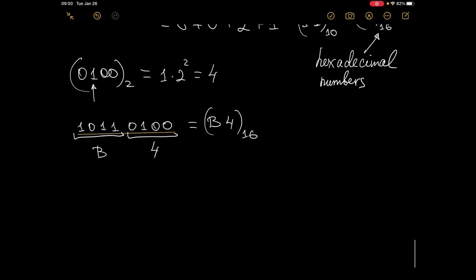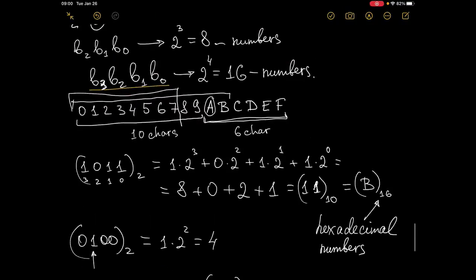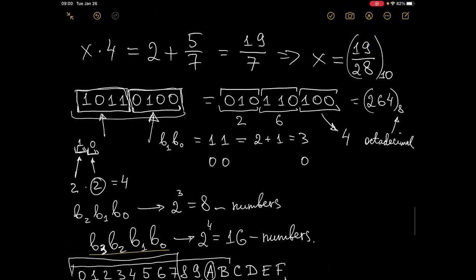So the idea is the following: you just take your binary number, split it, for hexadecimal, into groups of 4 bits, and every group will give you a digit. And this is the next one, right? So these are the next digits in hexadecimal representation, and so on.